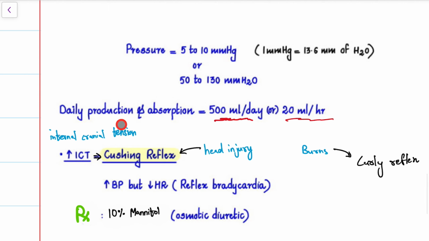When a lot of CSF is produced, there is a rise in intracranial tension, which leads to Cushing's reflex. This Cushing reflex occurs during head injuries, and it causes reflex bradycardia. That is, there is an increase in blood pressure but a decrease in heart rate. For the treatment, 10% mannitol is given to maintain it.